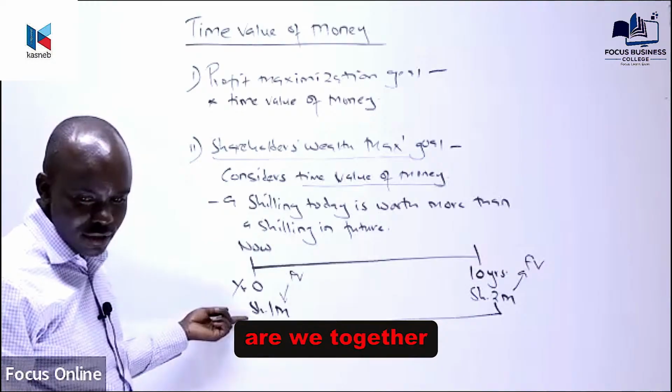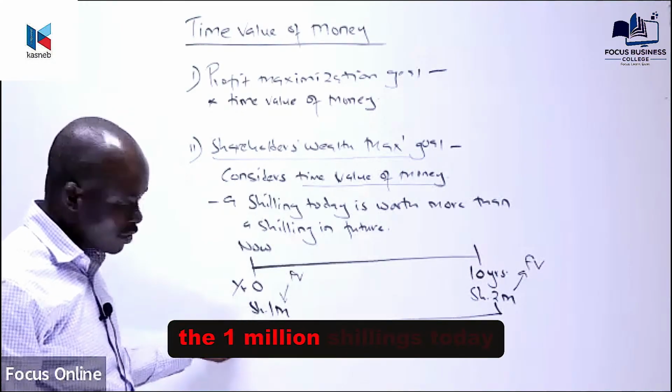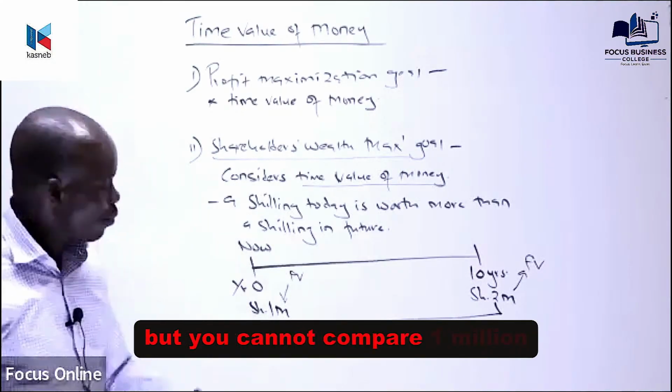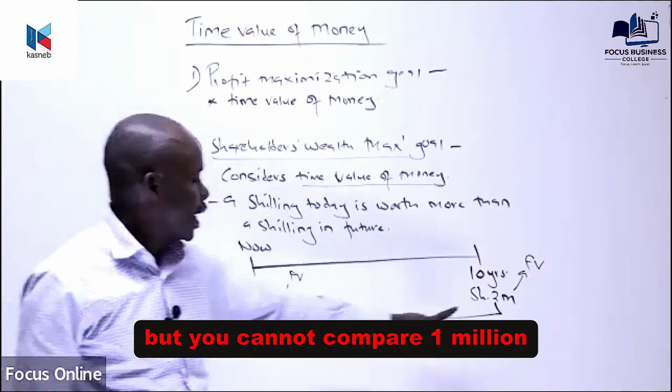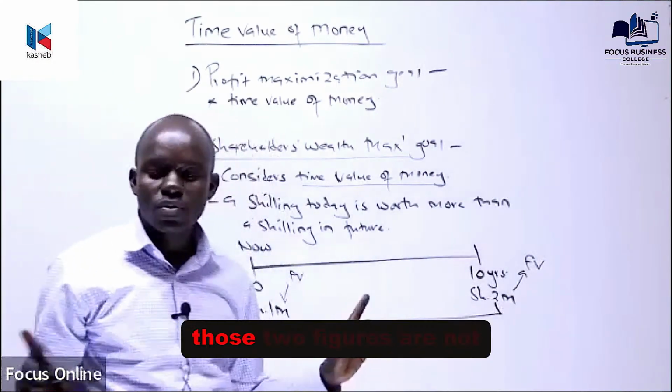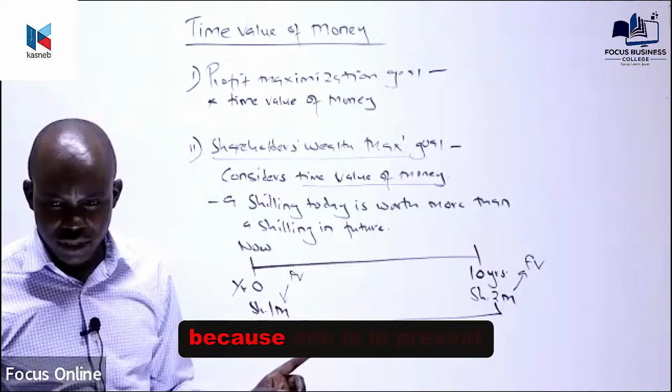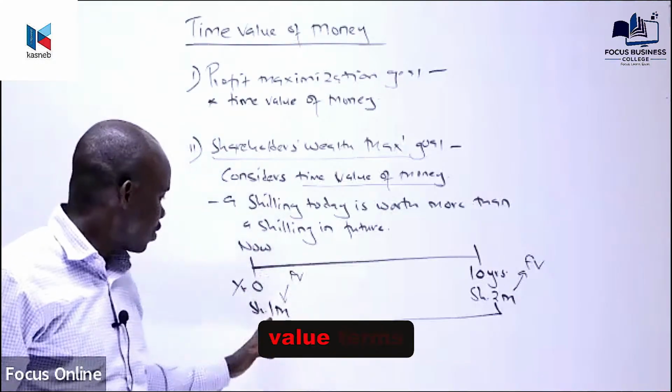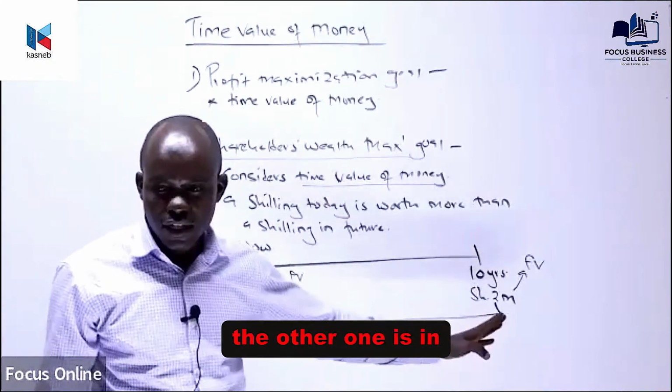Are we together? You would rather go for the 1 million shillings today, but you cannot compare 1 million and 2 million. Those two figures are not comparable because one is in present value terms, the other one is in future value terms.